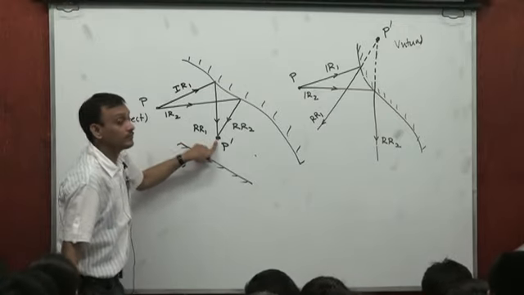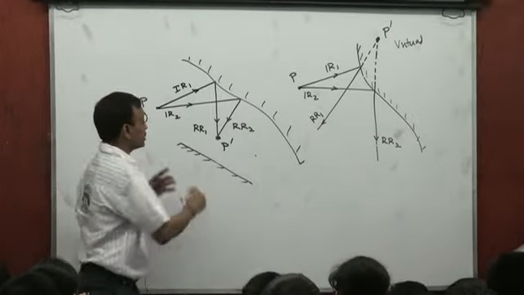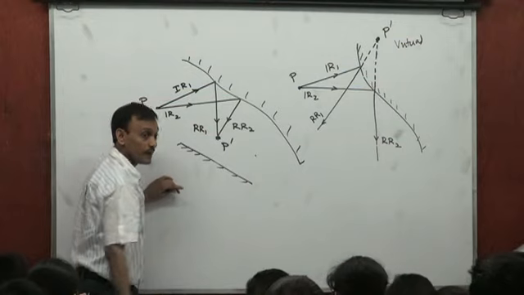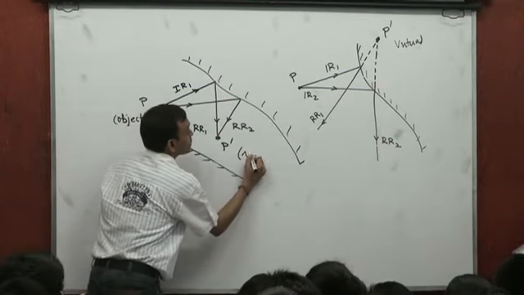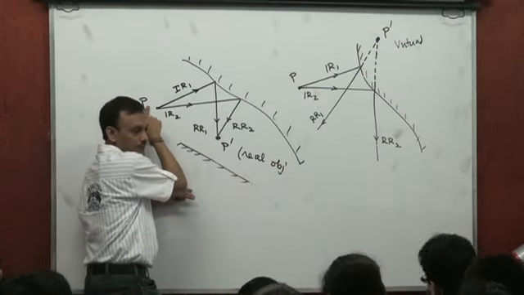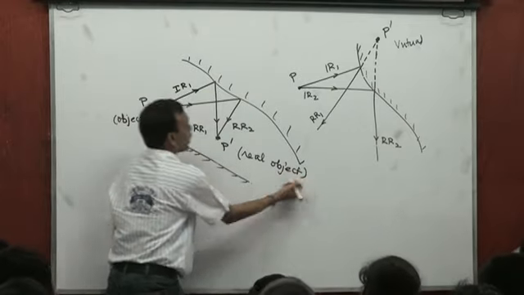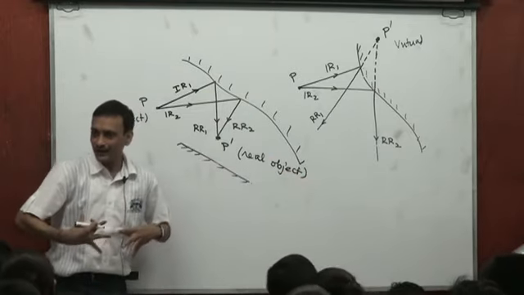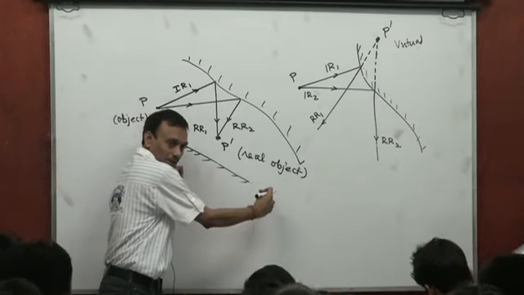This P prime, which actually sends out energy to the plane mirror, is for the plane mirror a real object. It was a real image for P, but now for the plane mirror, it turns out to be a real object, from where light is actually going out and is being intercepted by the plane mirror.